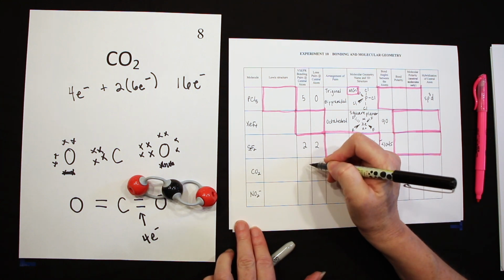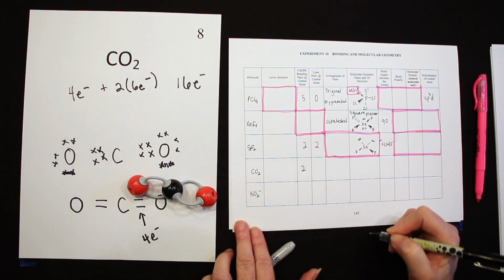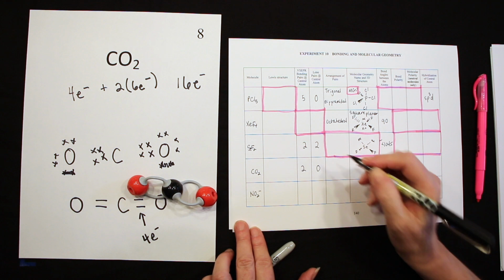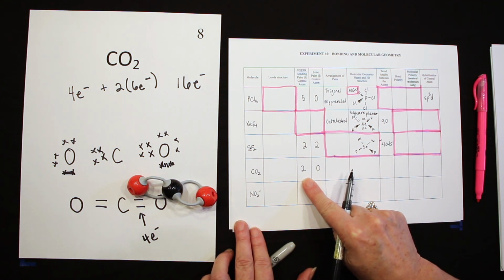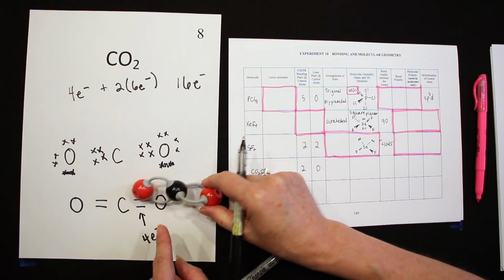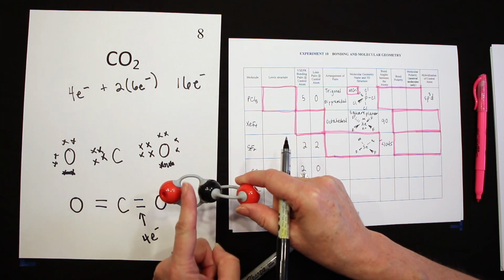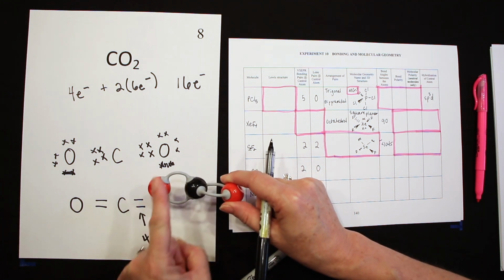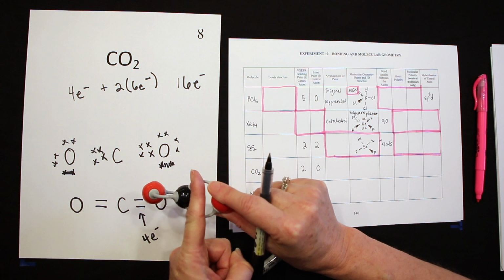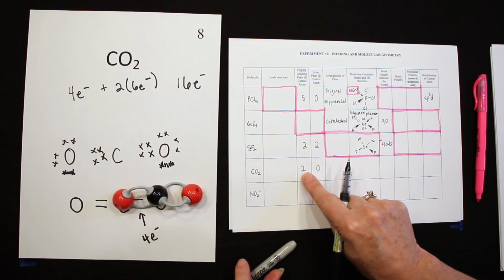I have 2 bonding pairs and no lone pairs. Let's talk about that for a second. VSEPR theory treats single, double, and triple bonds as one bond. So I'm counting 1, 2 bonds.